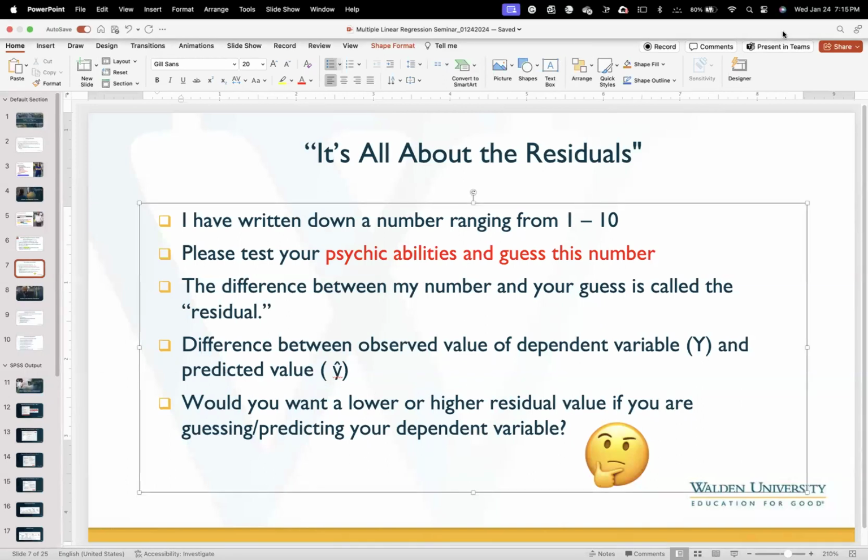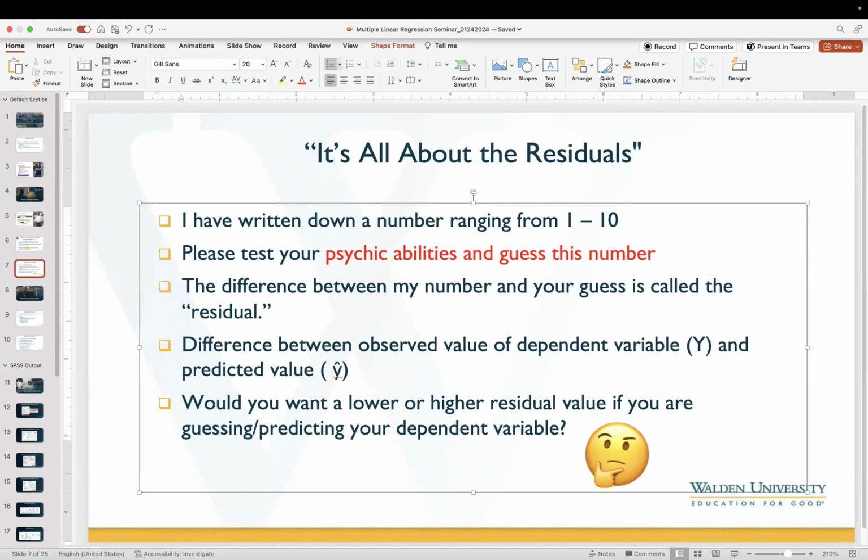Now, the number that I have in my head and have written down, you can see, is a 4. You're trying to guess my number, and obviously you want to get as close to my number as possible, right? Suppose I was giving out a prize.